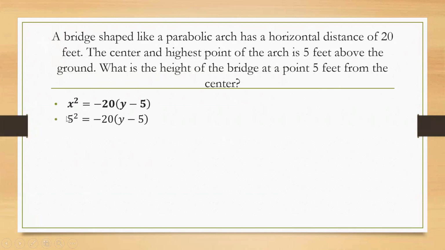So that's 5 squared equals negative 20 parenthesis y minus 5. So that becomes 25. And then we divide the equation by negative 20 to get 25 over negative 20.